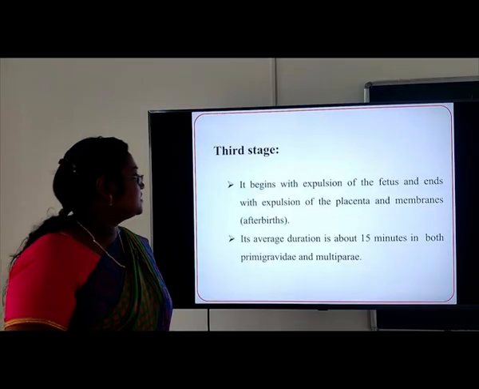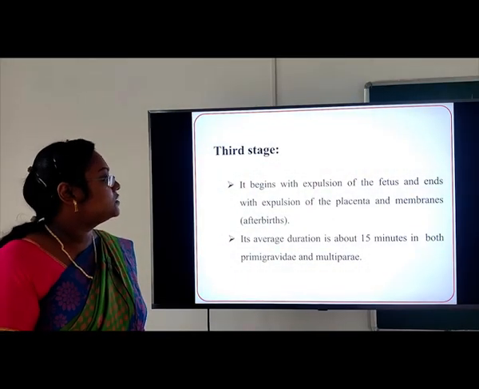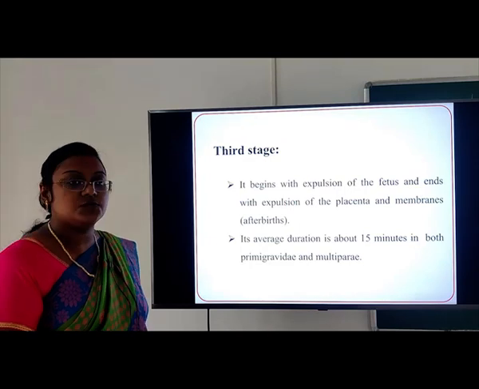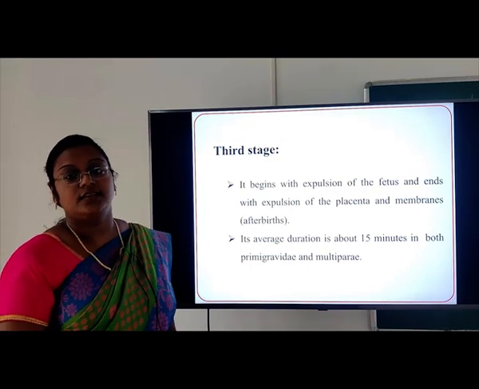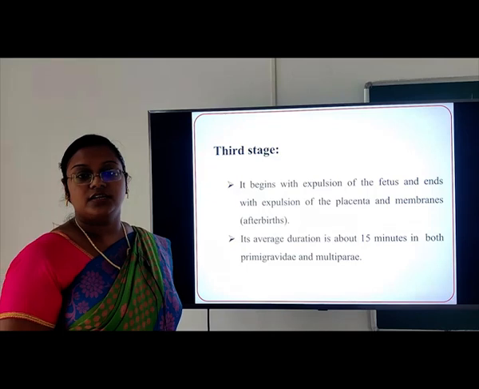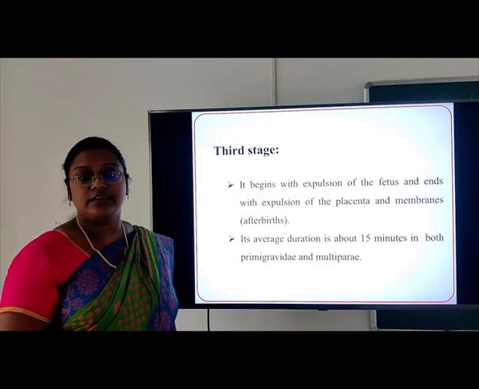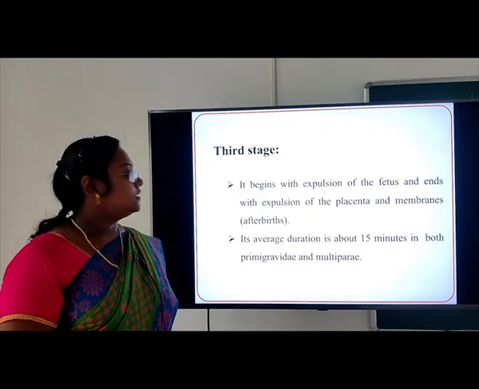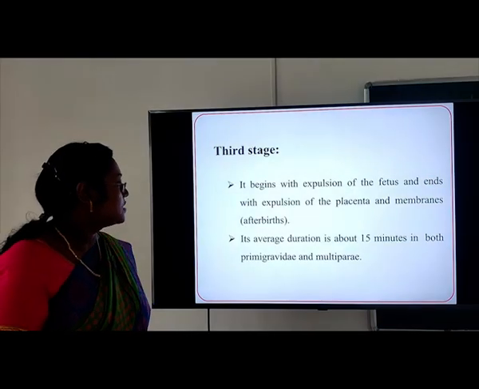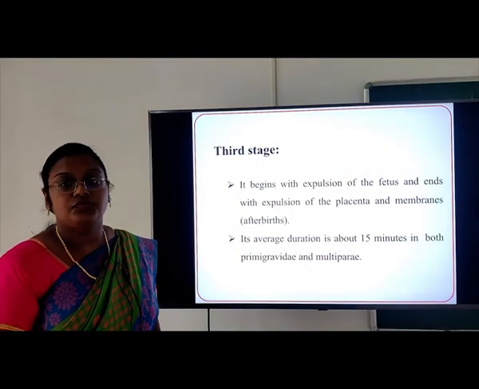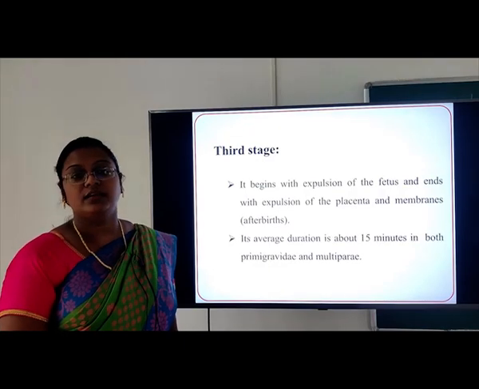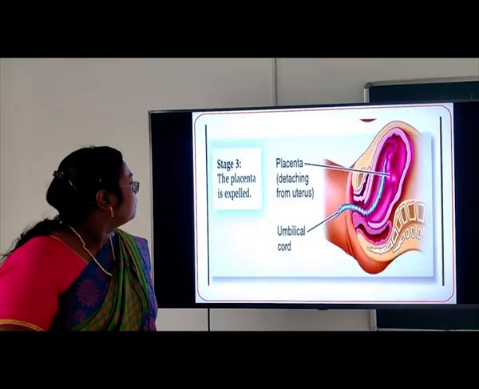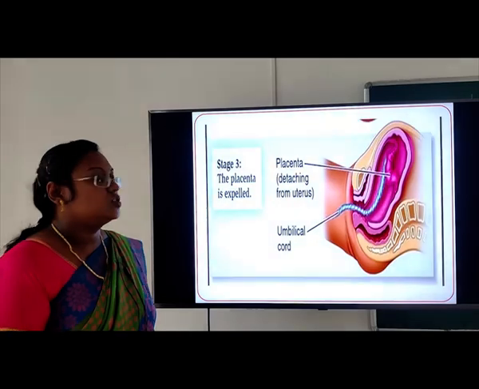And next is the third stage. It begins with expulsion of the fetus and ends with expulsion of the placenta. The baby is delivered in the second stage, and in the third stage the placenta is delivered. Its average duration is around 15 minutes for both primigravida and multipara mothers.